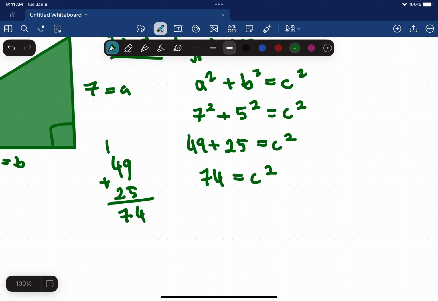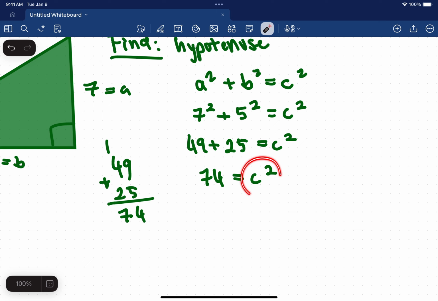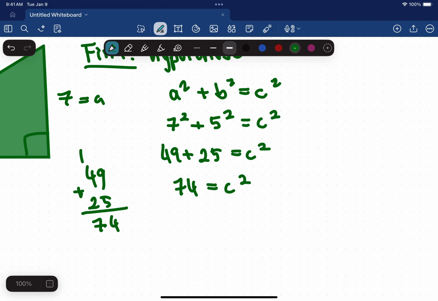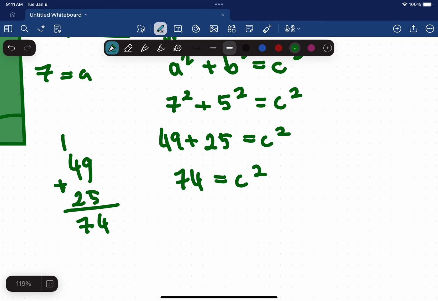But wait, this doesn't look like C. It's C squared, but it's not C. We are trying to find C. So what do we do here? Well, what we do is we square root both sides. When we square root both sides, you're canceling the squared, which just leaves you with C. And that's what we want.